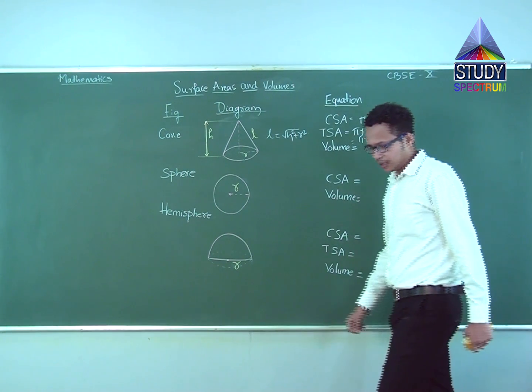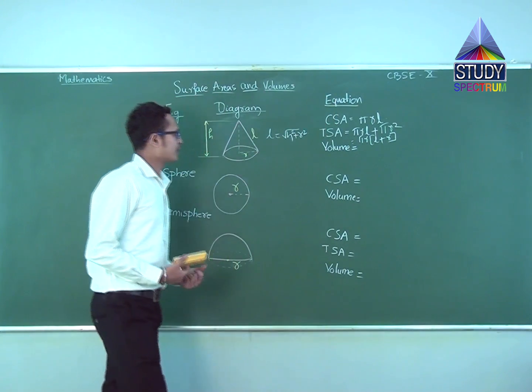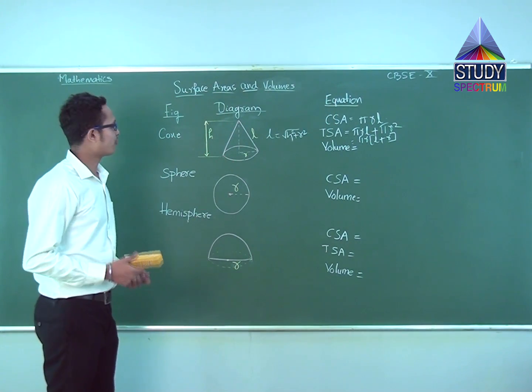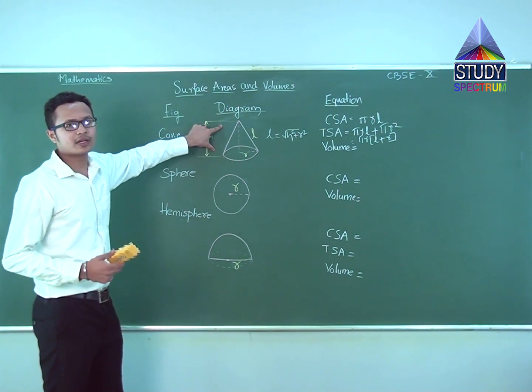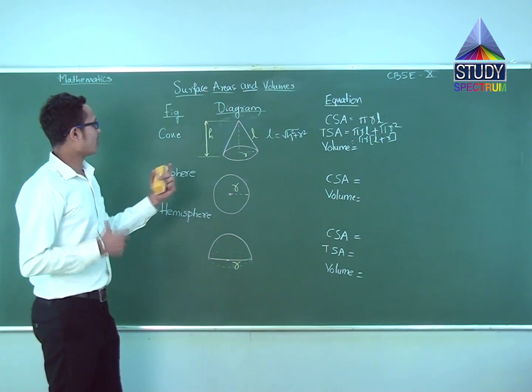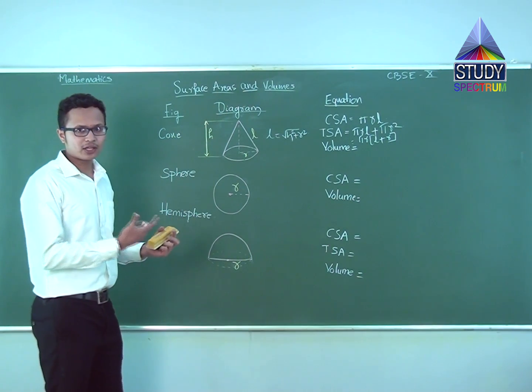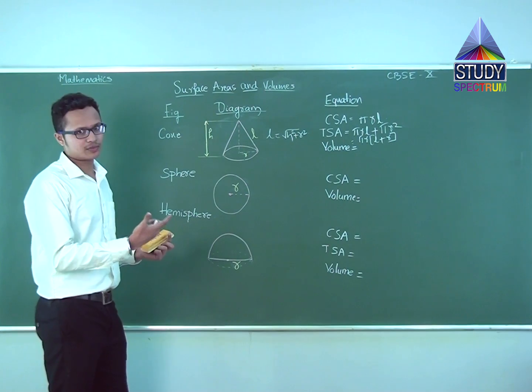Volume. Volume of figures like these is not easy to derive because this is not a uniform figure, right? What I mean by that is, volume is given by the area of cross section multiplied by the length of the object, right?